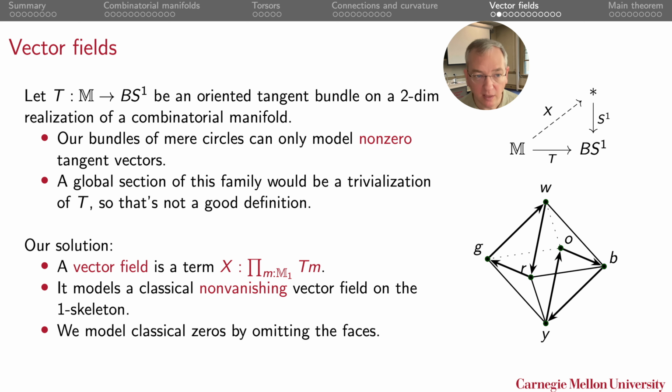And in fact, the punchline of a lot of this is that if you go reread some of your classical proofs, like in a book by Tristan Needham I'm going to cite later, that's literally how they go. They say, let's triangulate the manifold, and then let's assume we did that so that the edges of all our triangles and the vertices miss the zeros so that they're on the interior. So we're going to just take that seriously.